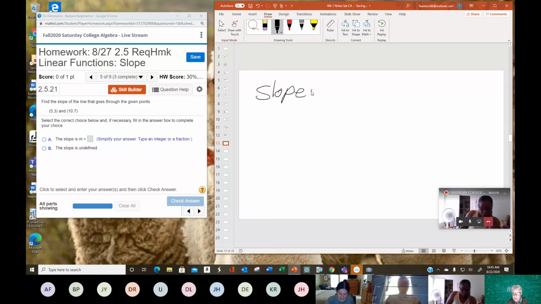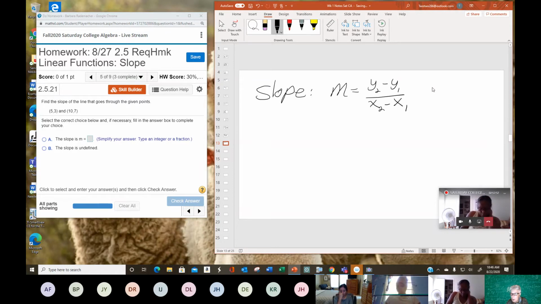Remember the formula for slope? M for slope equals y2 minus y1 over x2 minus x1.